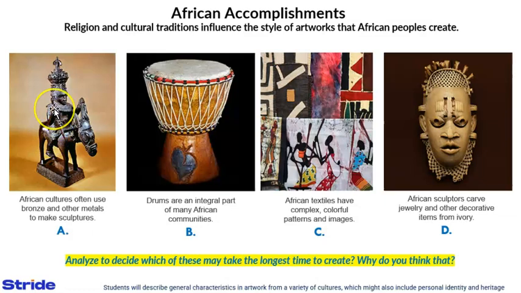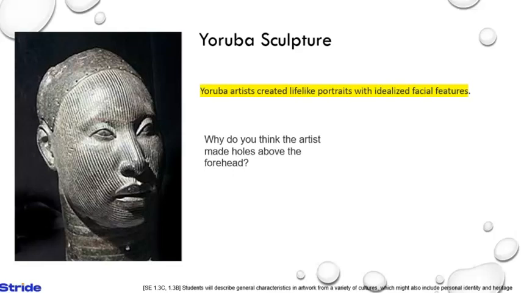So we're looking at a bronze sculpture, a tribal drum, textiles, and a sculpture out of ivory. This is a Yoruba sculpture. Yoruba artists created lifelike portraits with idealized facial features.